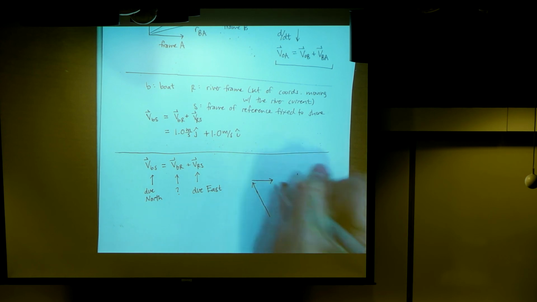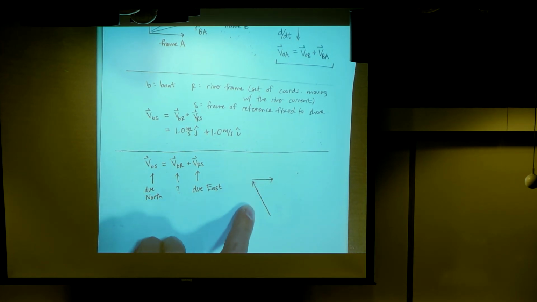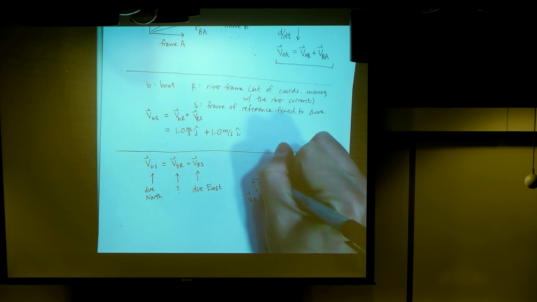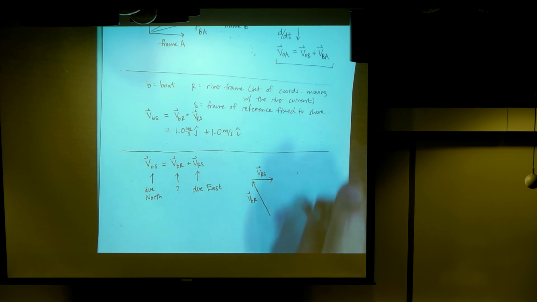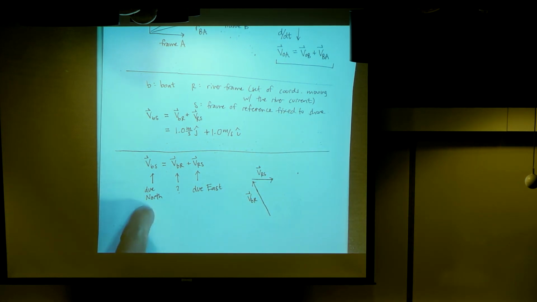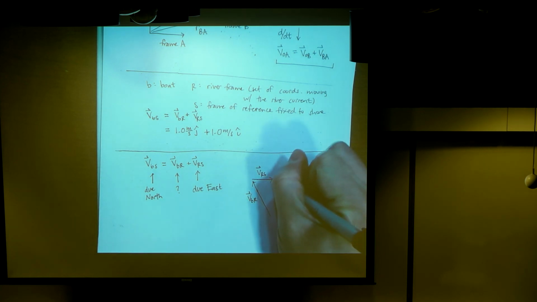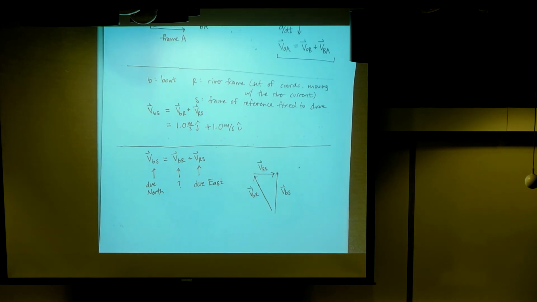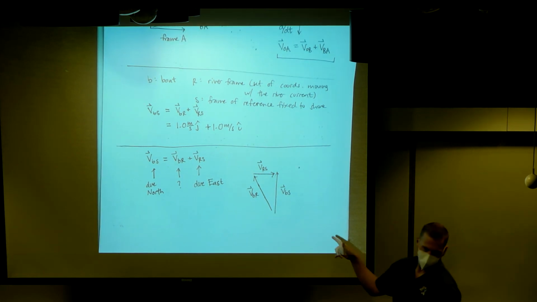So that's what it looks like when I add these two together, right? So this is VBR, and this is VRS. Okay? And the resultant vector I get is this one, VBS. All right, so do we understand how that's the vector diagram?